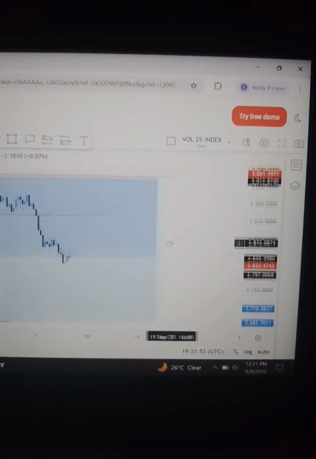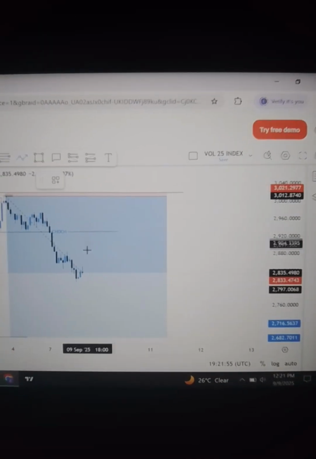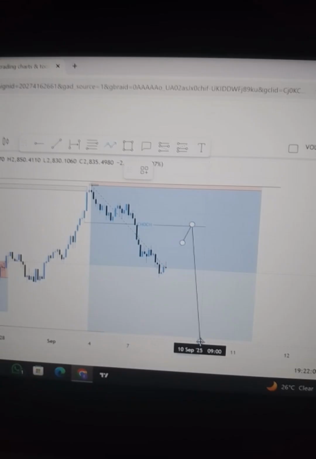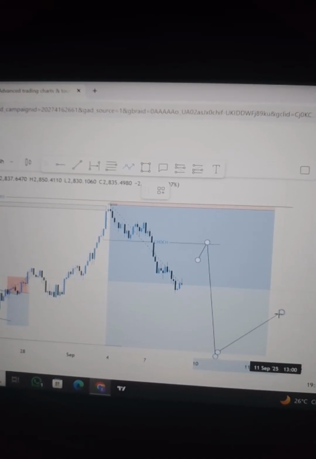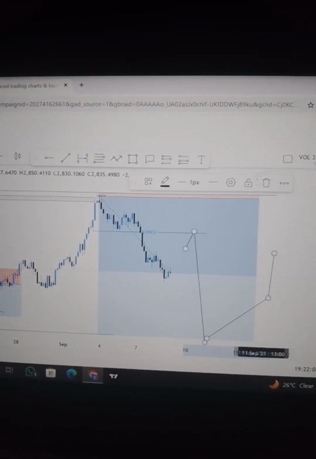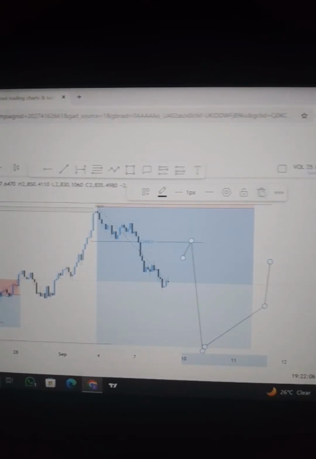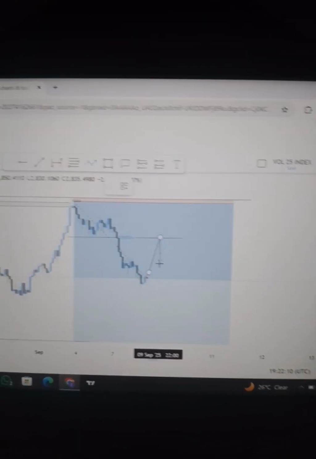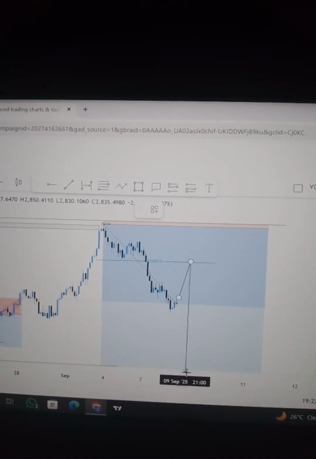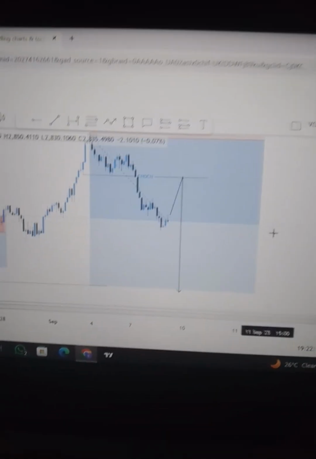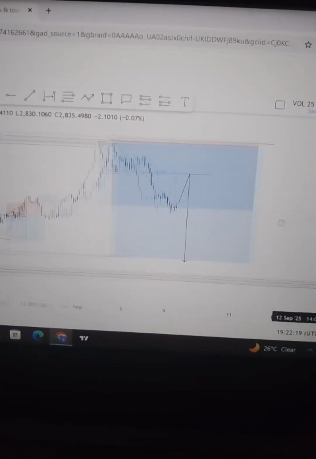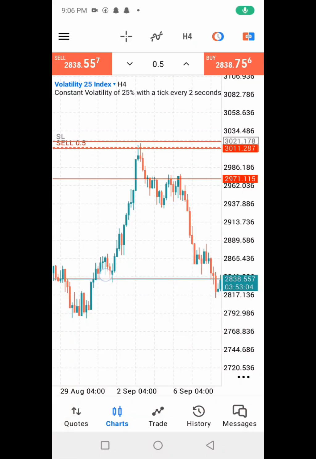Even though the market is going to pull back, it only pulls back to here and then goes down. So I'm predicting this in my market right now. Look at the trade right here.